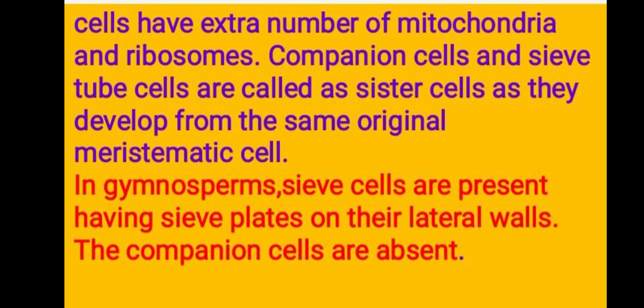Companion cells and sieve tube cells are called sister cells, as they develop from the same original mother meristematic cell. In case of gymnosperms, sieve cells are present and they have sieve plates on their lateral walls. The companion cells are absent here.